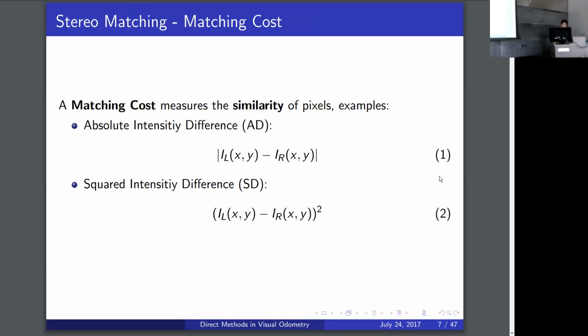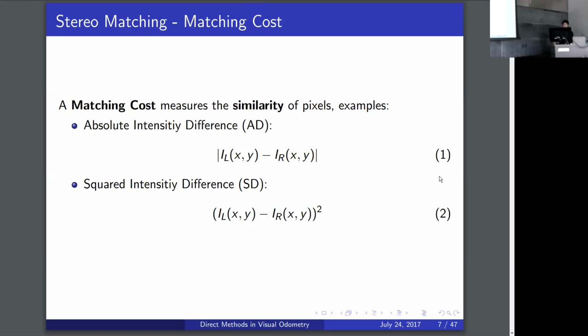Generally speaking, when we do stereo matching, it's analogous to feature correspondence. In feature-based methods, you would use something like the RANSAC algorithm on feature correspondences to find inliers between two images. In direct methods, you would perform something similar, but now you're comparing pixel intensities to say whether two pixels are the same, one image over the other.